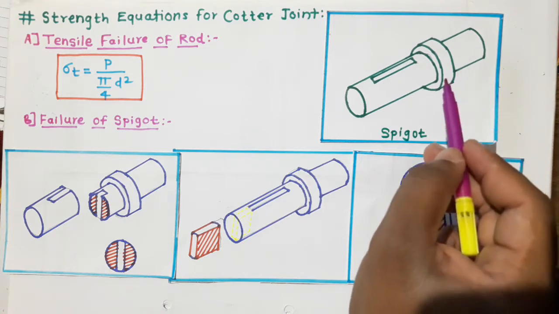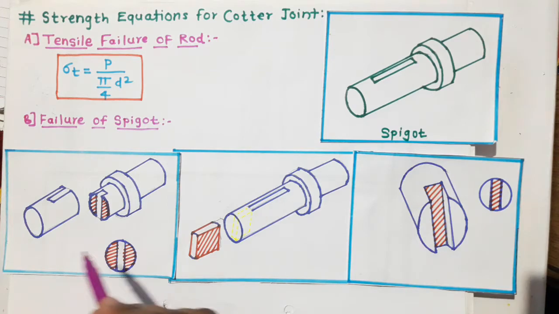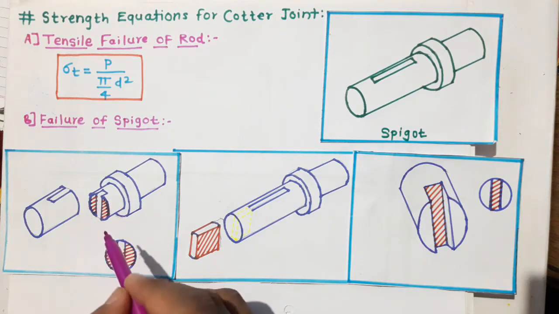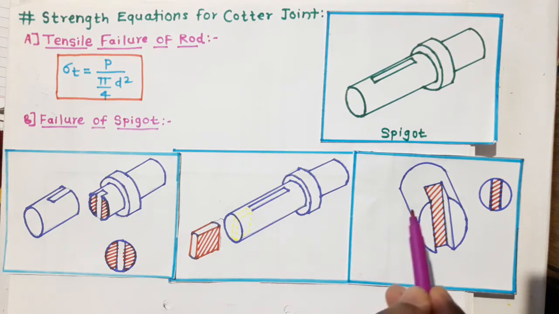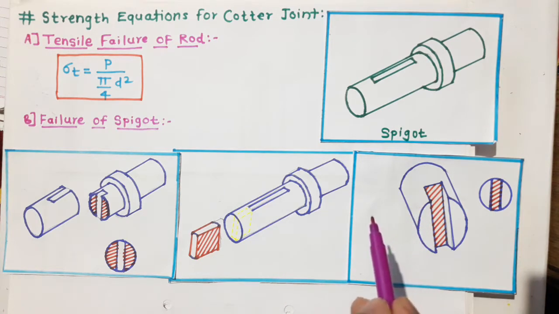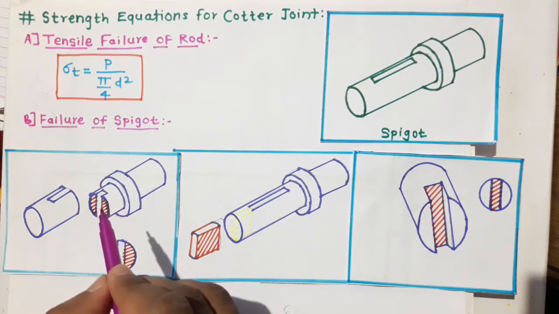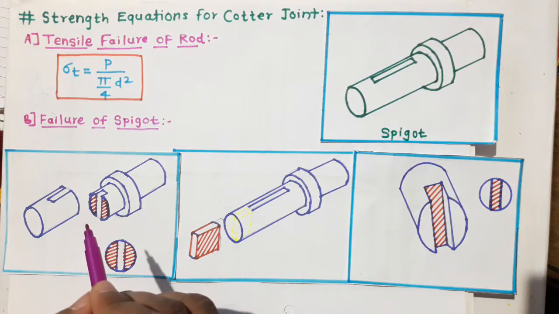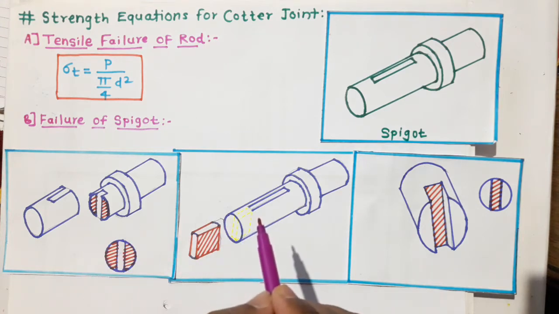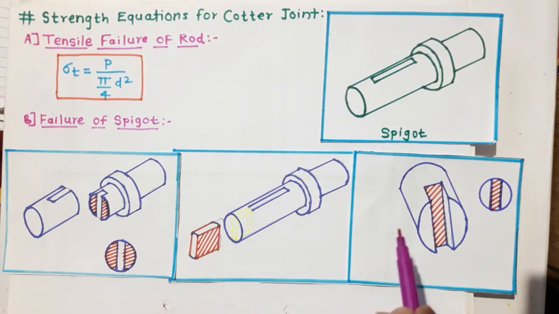Now this spigot may fail due to tensile stress like this, or it may fail due to shear stress like this, or it may fail due to crushing stress like this. So we have to consider the stress equation for each and every possible way of failure. So first of all, we have to develop the tensile stress equation, then the shear stress equation, and later on the crushing stress equation for spigot.